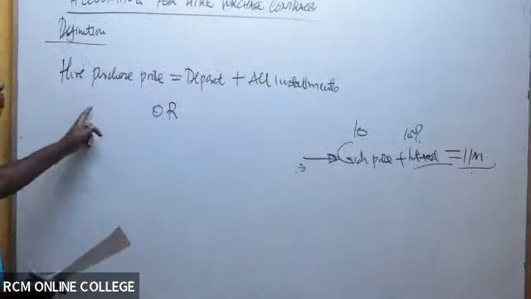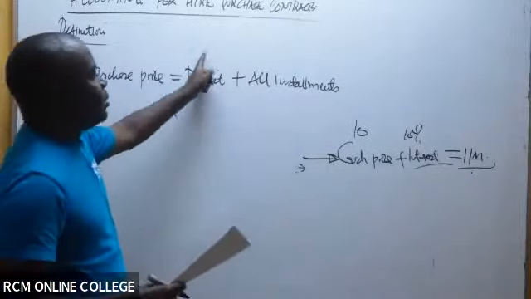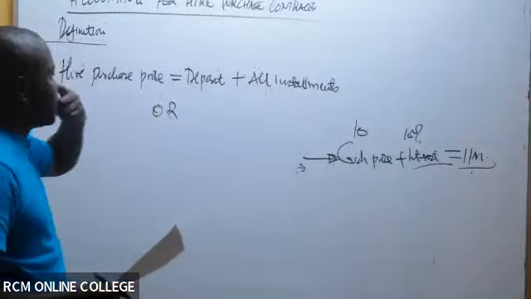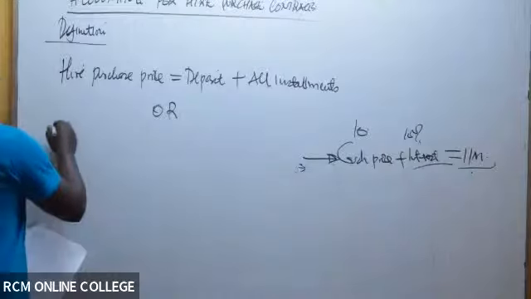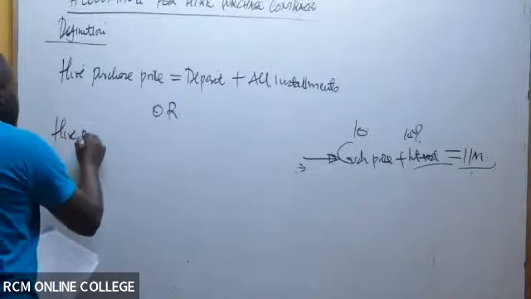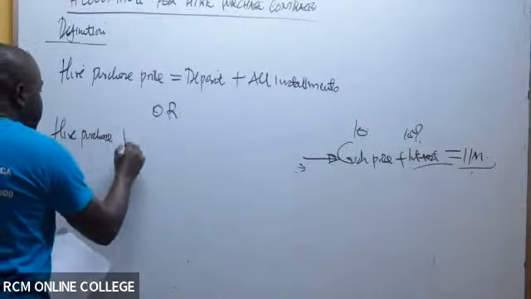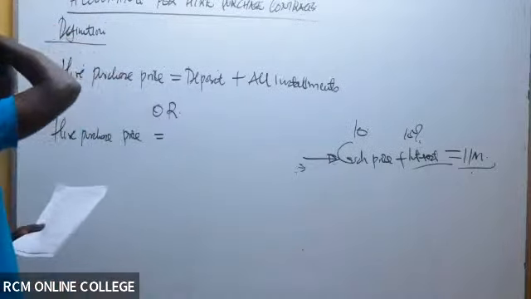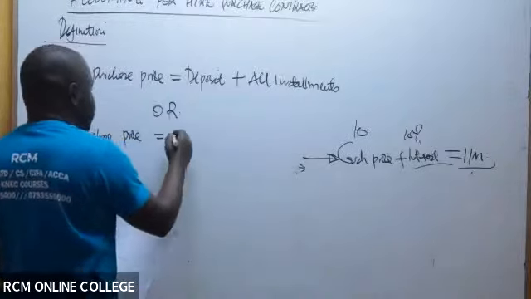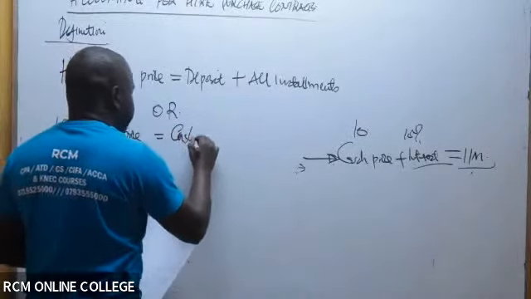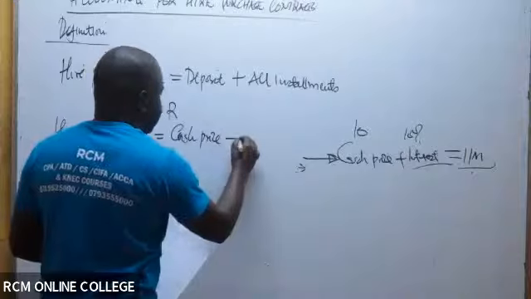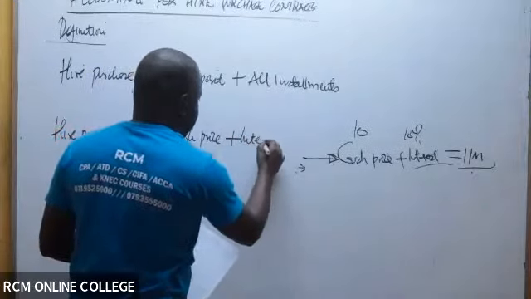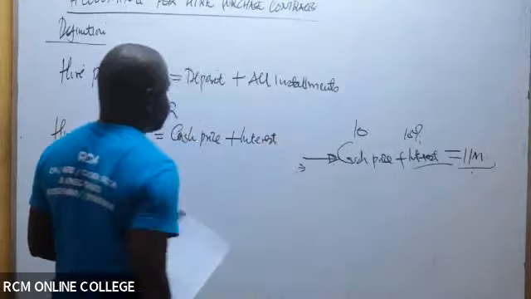The hire purchase price is normally what they have agreed, like 1 million plus the 9 million of the other amount. Or you can say the hire purchase price is equal to the cash price plus interest.